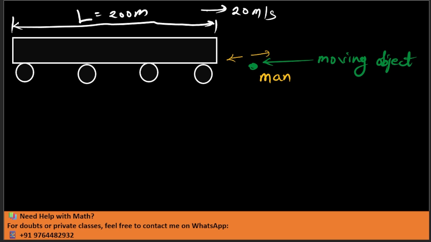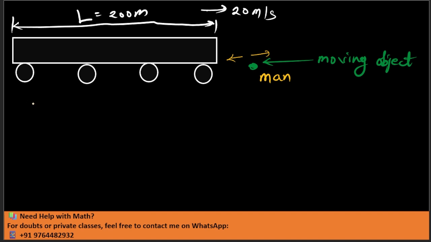Here the effective speed will be changed, right? In the case of a stationary object, the speed will be same. There is not any effect on the speed. But when the object is moving, there will be an effective speed which is not 20 meter per second.